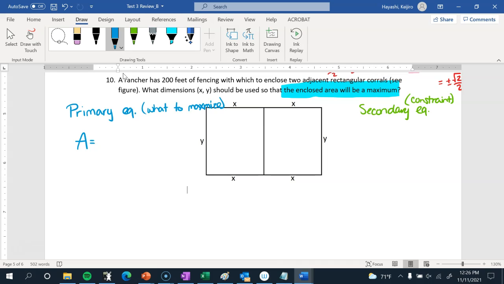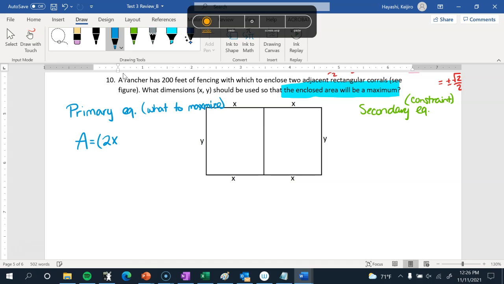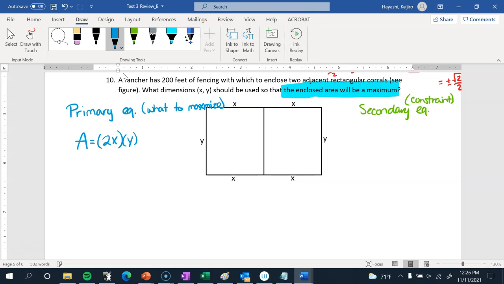Now the length is 2x. And the width here is y. So you can just describe the area as 2xy.